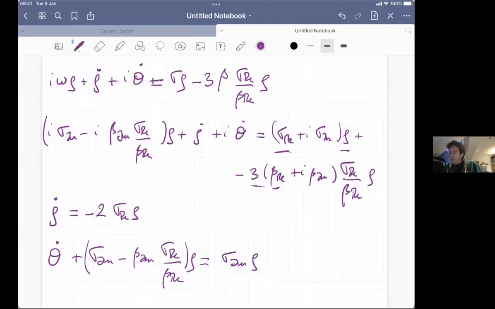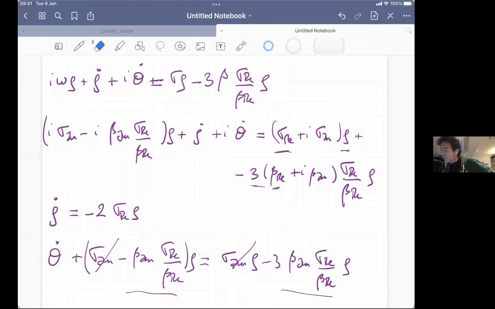And here you have minus 3 imaginary part of beta sigma real divided by beta real times rho. If I didn't make any strong mistake, this part simplifies because you have an imaginary part of sigma on both left and right. And this part here is the same as there, but you have minus 1 and minus 3. So at the end, I just cancel a small part here.